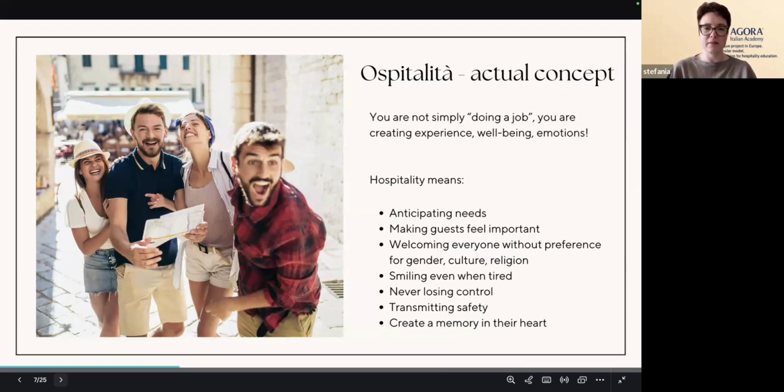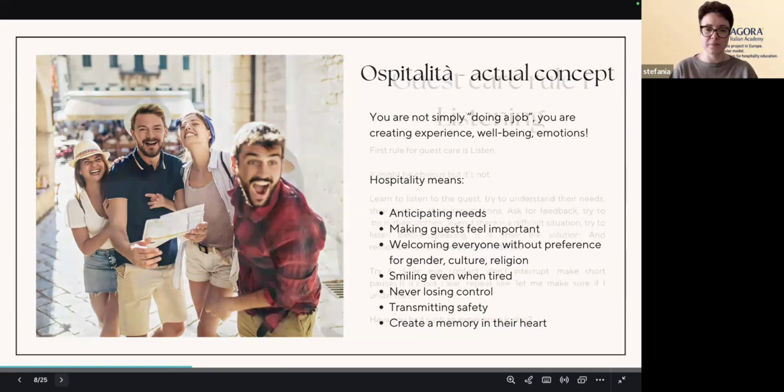But remember that the most important thing is not to try to be as professional and technical as possible. The most important thing is to create a connection between you, the hotel, the environment, and the guest, because what stays in our mind when we go on vacation is the feeling we had with the people. Okay, so create the memory in the heart.